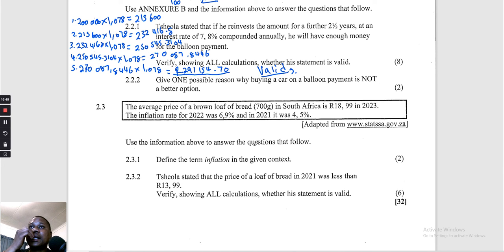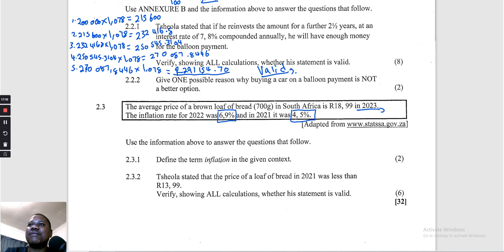So 2.3, the average price of a brown loaf of bread, 700 gram, in South Africa is 18.99 in 2023. Mind this, the inflation rate for 2022 was 6.9%, and in 2021 it was 4.5.